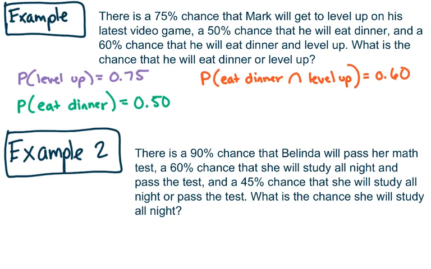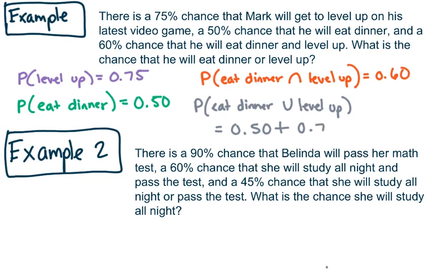What is the chance that he will eat dinner or level up? And so the probability of eat dinner or level up is going to equal the probability of A, so eating dinner, plus the probability of leveling up, so 0.75, and then minus the probability of both.